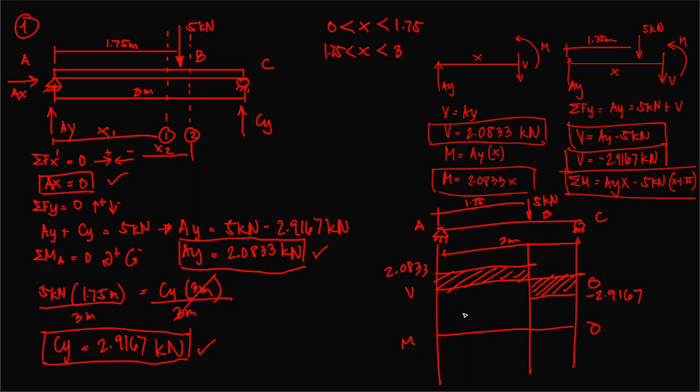And then for the moment, we'll be using our calculator, find the table function, or in the menu find the table format, I guess, and then it will be asking for an f of x, where you will type the moment. So in this, we have the moment of 2.0833 times x.